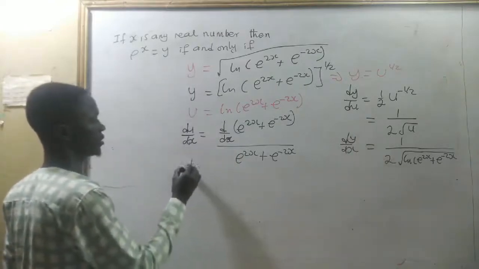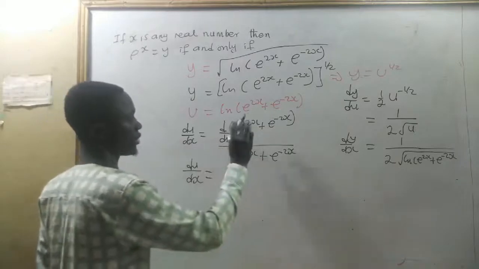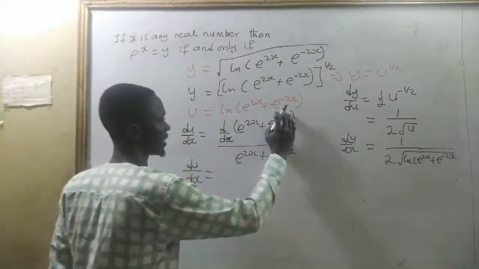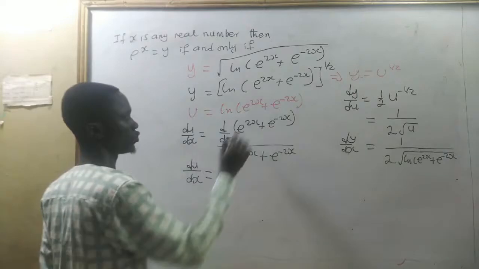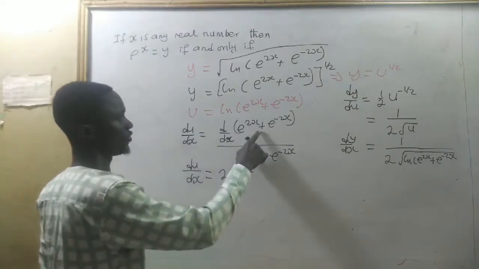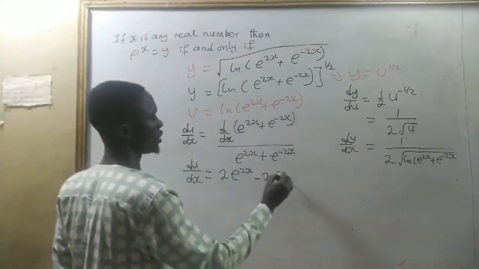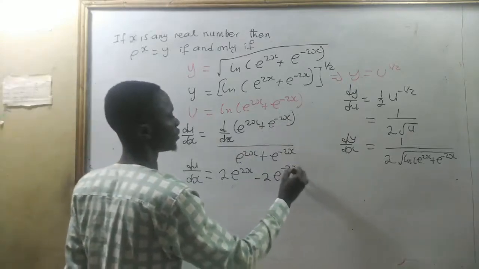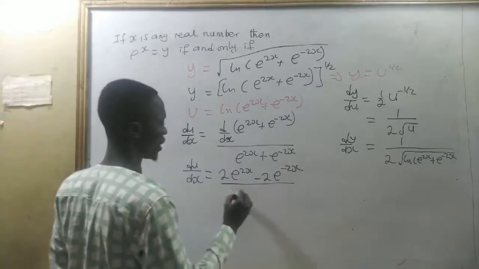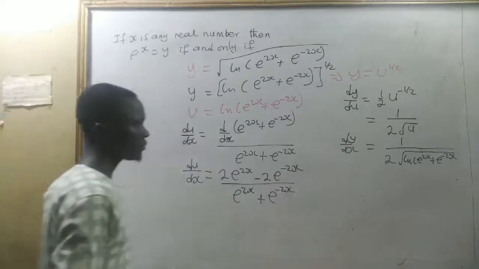Now here, du/dx is equal to, here we are going to differentiate it term by term. So if you differentiate e to the power 2x, you get 2e to the power 2x. If we differentiate e to the power negative 2x, you get negative 2e to the power negative 2x, all divided by e to the power 2x plus e to the power negative 2x.